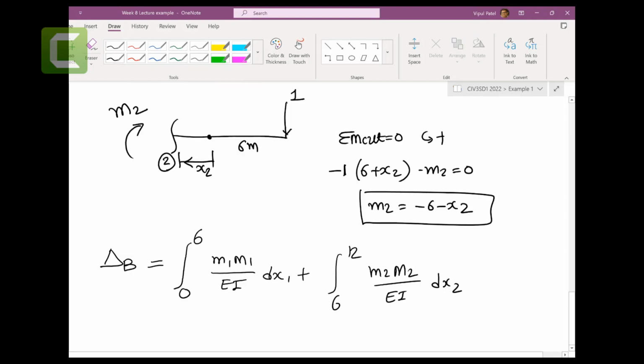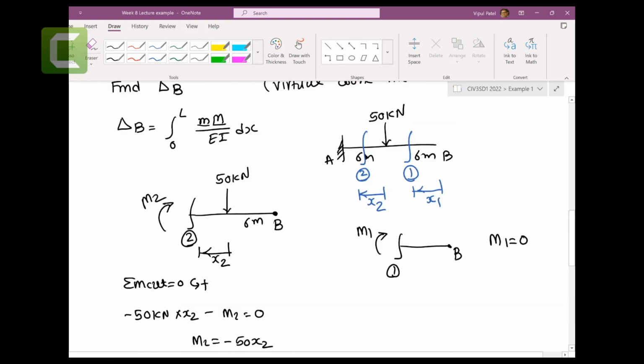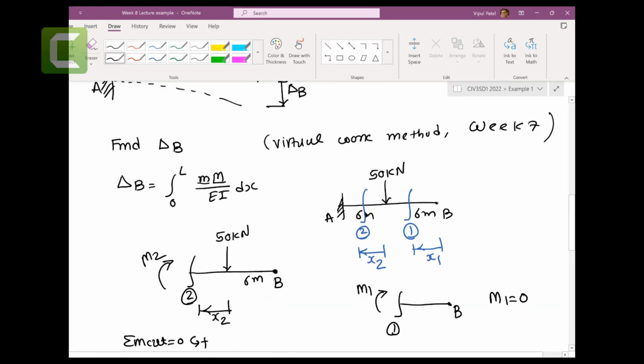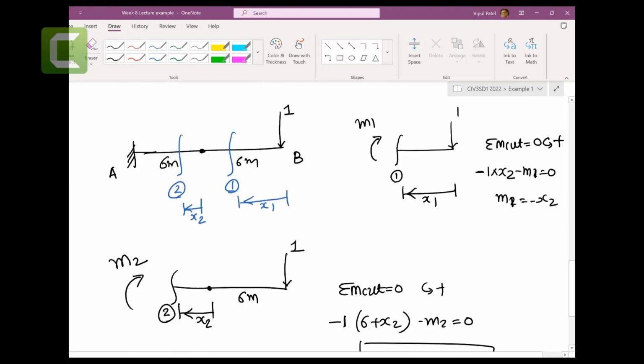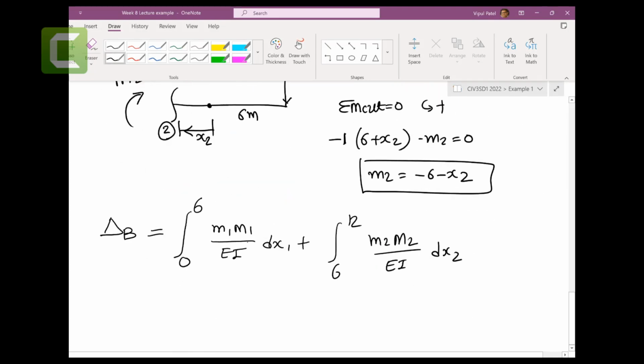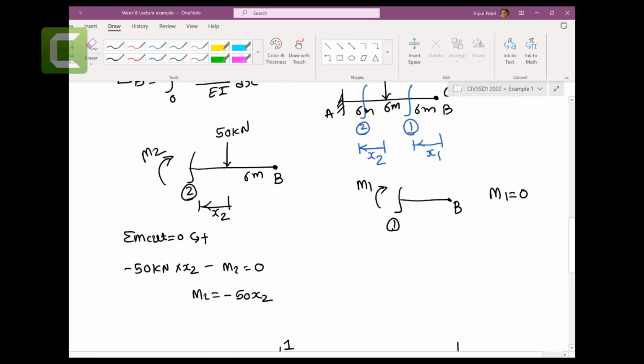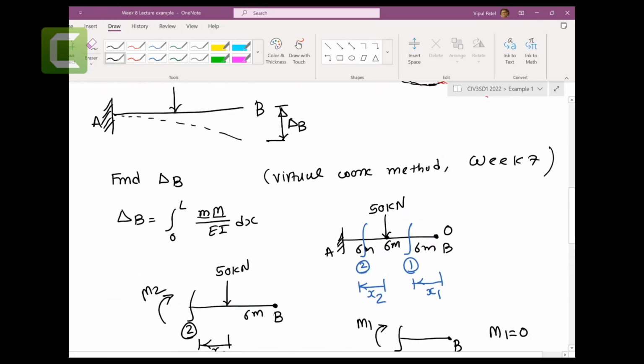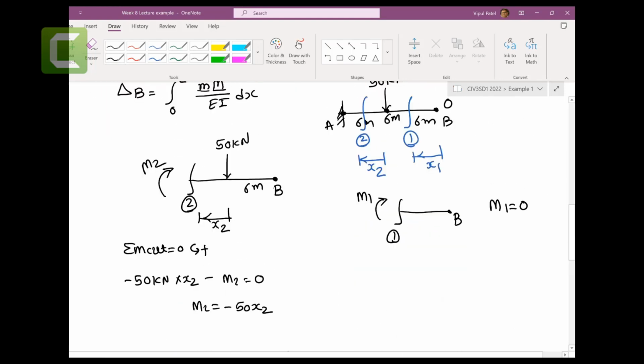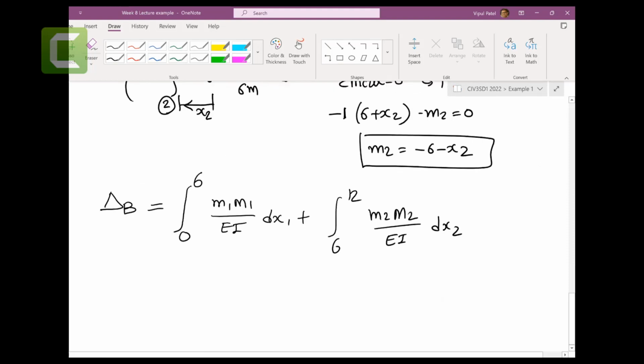I hope you understand that x1 starts from 0 and finishes at 6 meters, right? So 0 to 6 m1 capital M1 over EI, and then x2 starts from 6 and finishes at 12. So 6 to 12 m2 capital M2 over EI dx2.